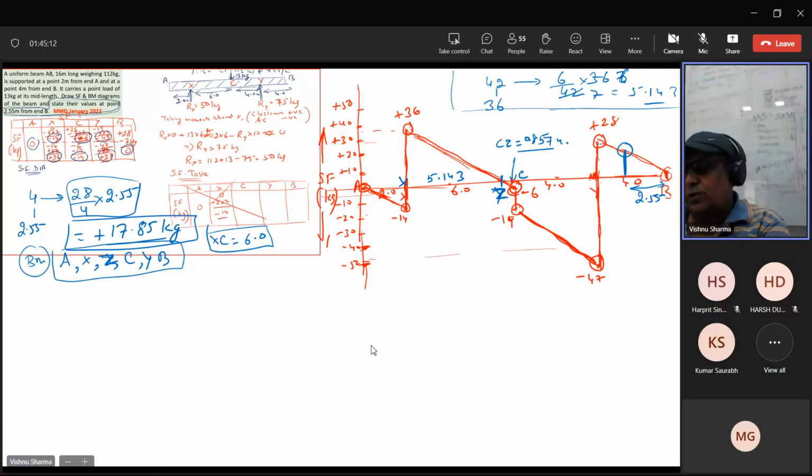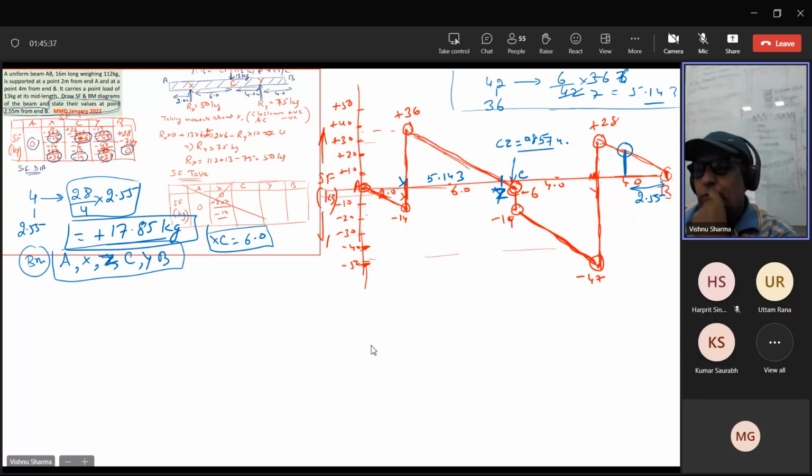Guys, have you understood what I've done? If anybody has any doubts, let me know, because this will help me get the exact areas rather than approximate areas by reading from the graph. Can you explain once again this unitary method, what we have taken, 42 units? You tell me, beta, how many units has the shearing force changed from X to C?